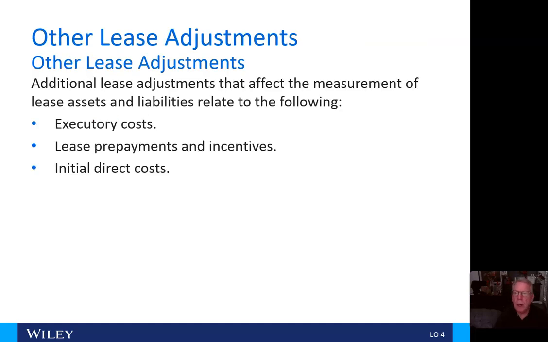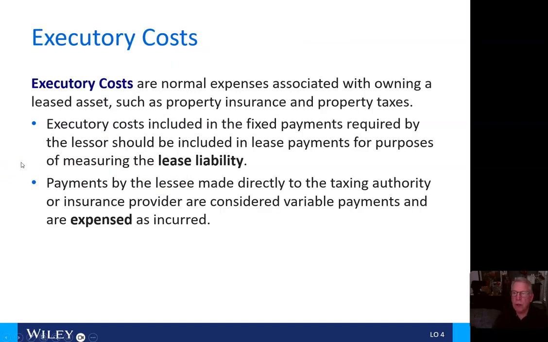Okay, other lease adjustments. Additional lease adjustments that affect the measurement of lease assets and liabilities are going to relate to the following. Number 1, executory costs. 2, lease prepayments and incentives. And 3, initial direct costs.